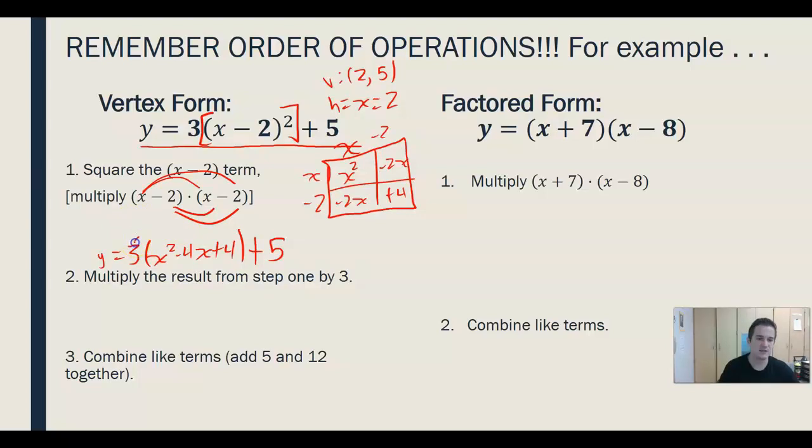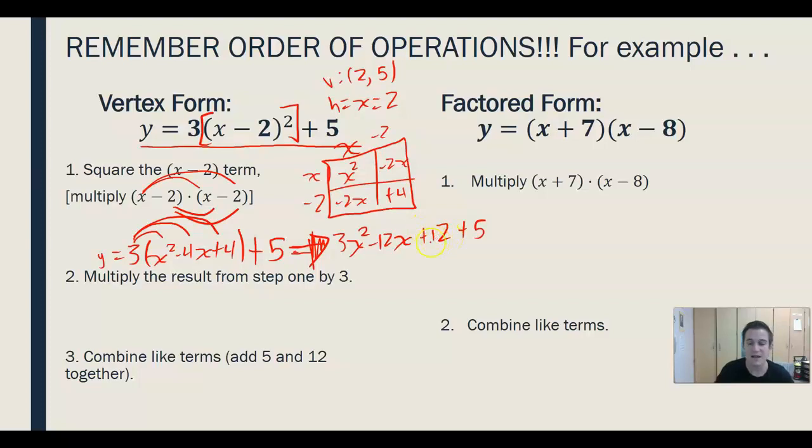For example, this 3, I'm going to go ahead and distribute into every single one of these terms. Let me draw a little arrow over here, and I'm going to have 3x squared minus 12x plus 12 plus 5. So I distributed 3 into each of those terms, and I was left with 3x squared minus 12x plus 12, and then I have this plus 5 on the outside.